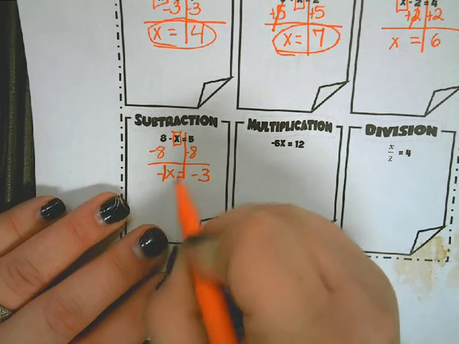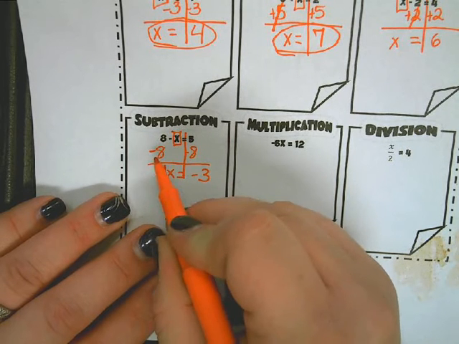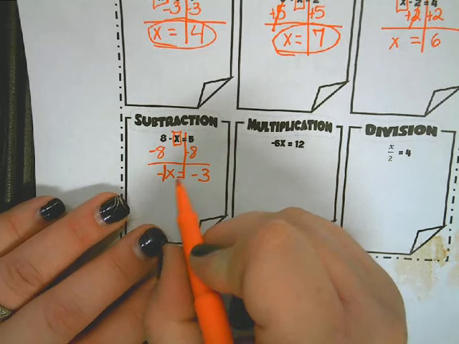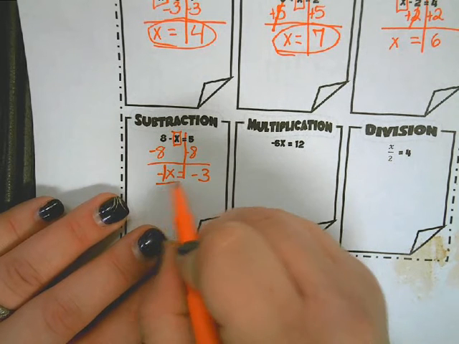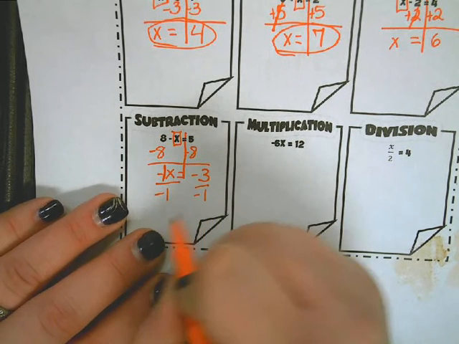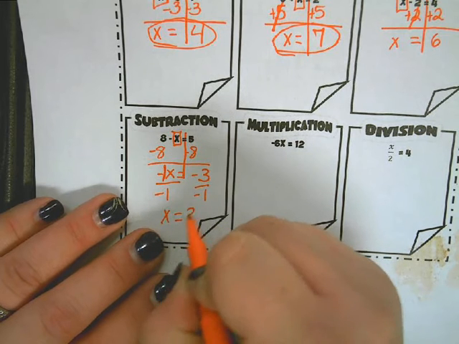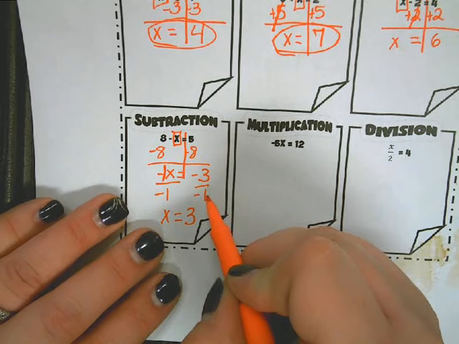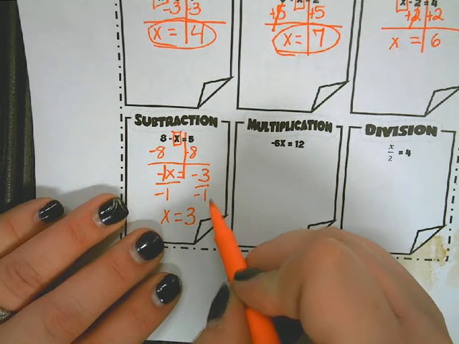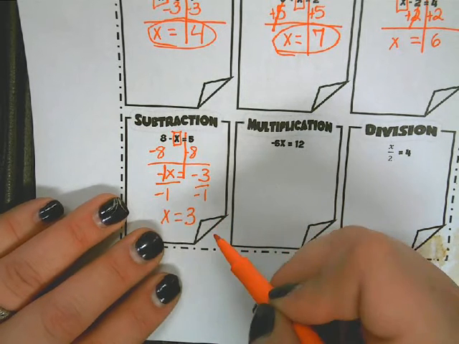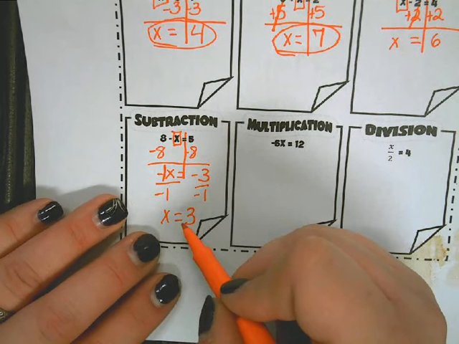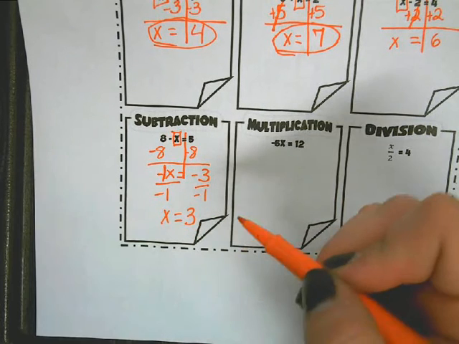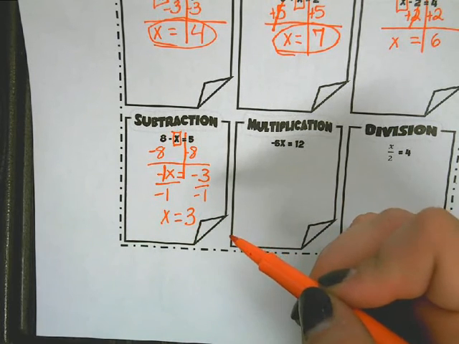So if I have a negative 1 times x, I'm going to divide by negative 1 on each side. So x will equal 3. So when you have that negative in front of your x, you end up going to change your answer to the opposite of what it is. Okay? Does that make sense? So divide by negative 1. We'll work on more of those tomorrow. I don't think you'll have any of those today.